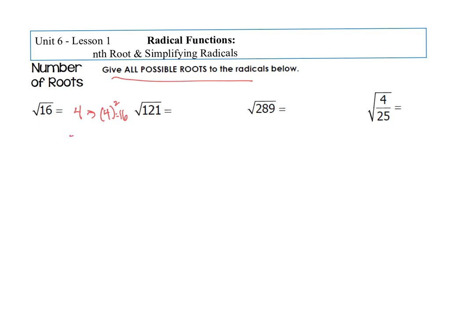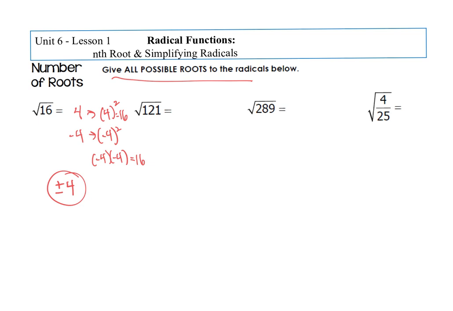But it could also be negative 4, because if we put negative 4 in parentheses and square it, that means negative 4 times negative 4, which also equals positive 16. So the answer here, number of roots, we would say it is plus or minus 4, positive and negative 4.